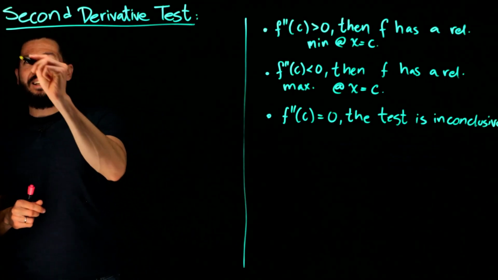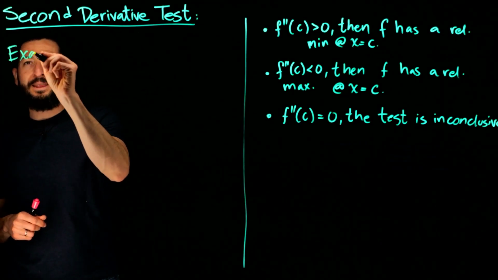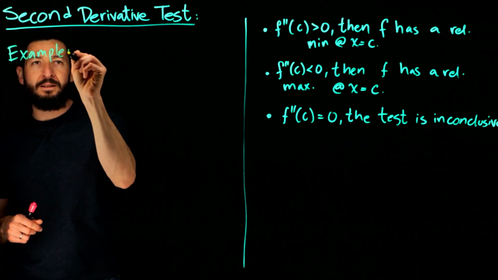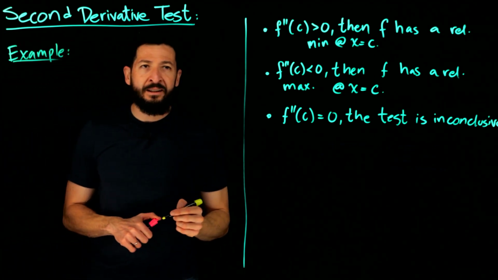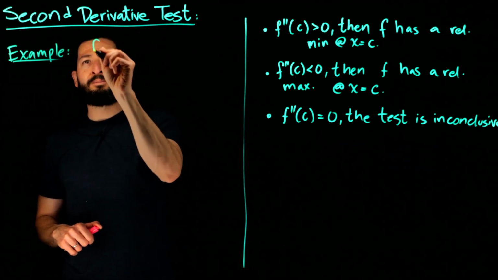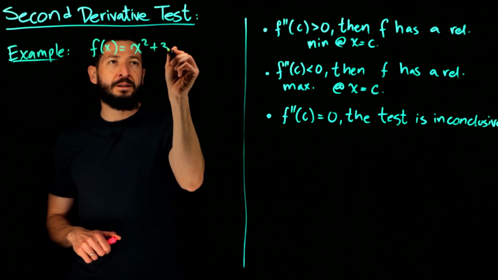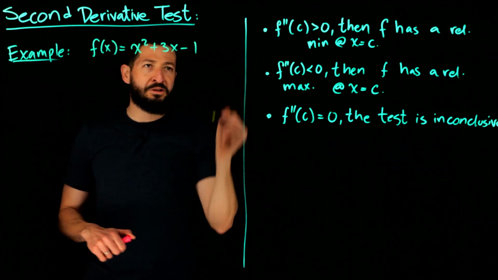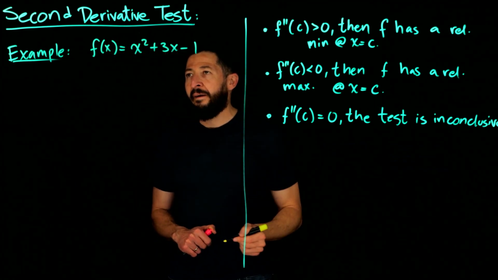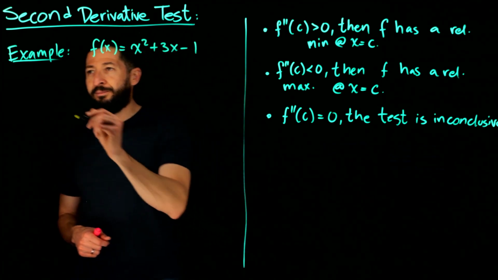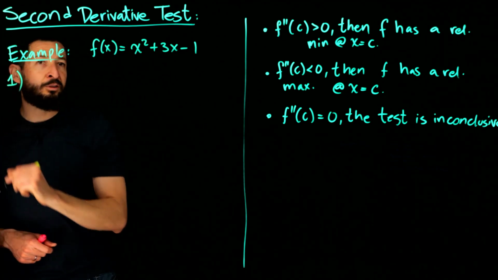All right, so let's take a look at an example. Let's classify the relative extrema for this function, just any function there. So step 1, find critical numbers.